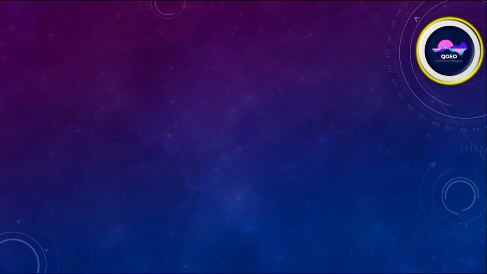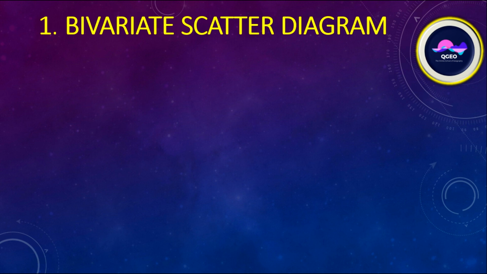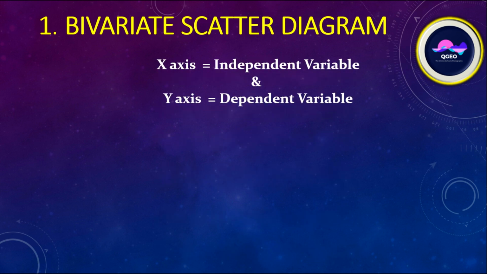We will discuss first bivariate scatter diagram. Here two variables are present. One variable is represented by x-axis and another in y-axis. In x-axis, independent variables are present, and in y-axis, dependent variables are present.